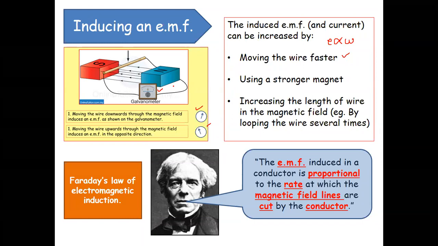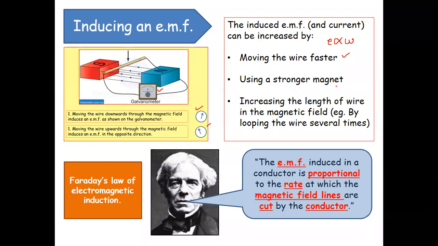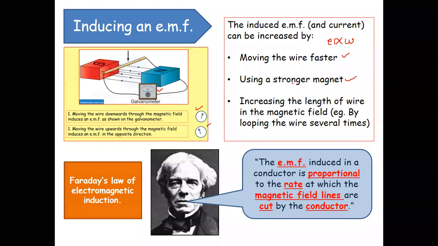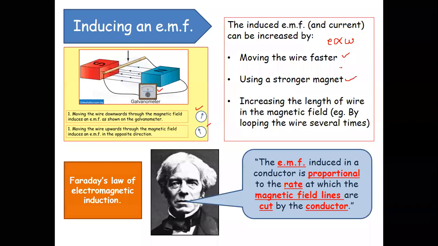If you rotate with more speed, it will cut more flux lines and more EMF will be developed. Or else you can increase the magnetic flux density using a stronger magnet. By using a stronger magnet, the flux will increase. E is directly proportional to flux.